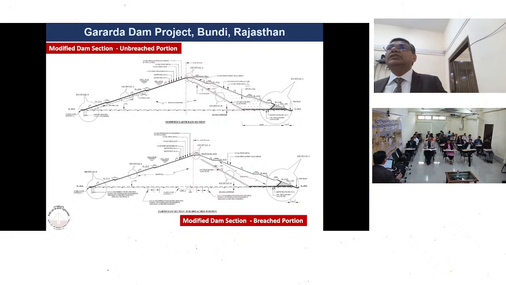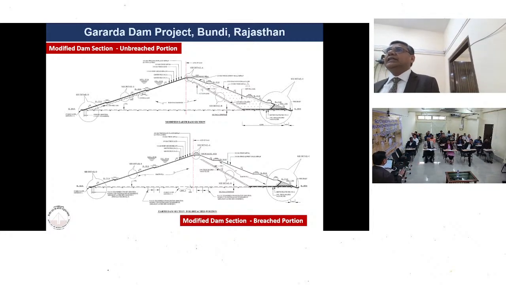And for the part of the structure to be rebuilt, a fresh layer of horizontal and vertical filter will be introduced. To be more cautious, a layer of non-woven geotextile was also introduced in between. Then, because the material properties were not known as such, the upstream face of the dam was covered with geomembrane.